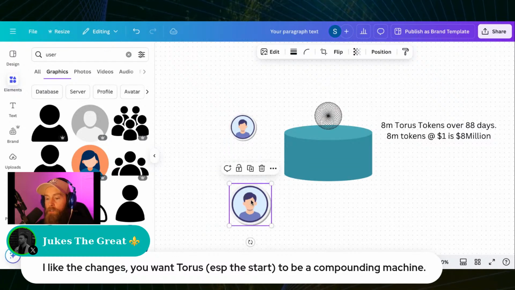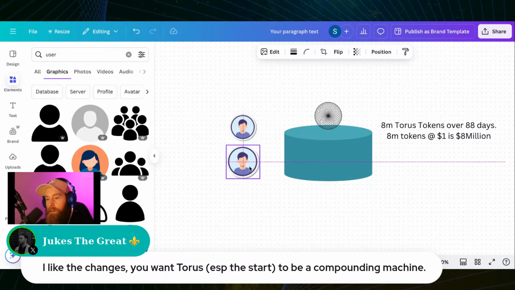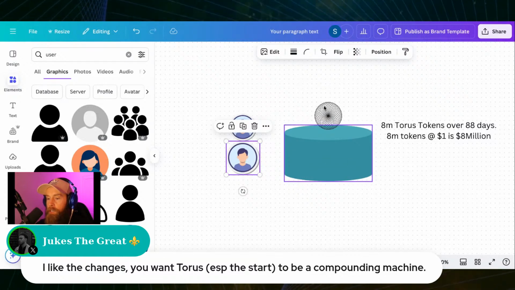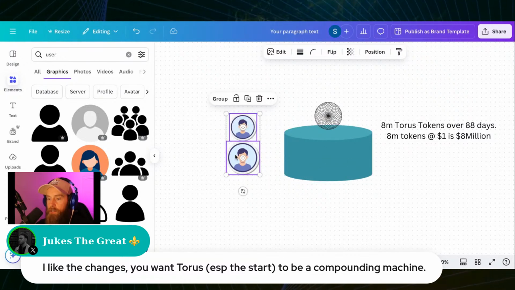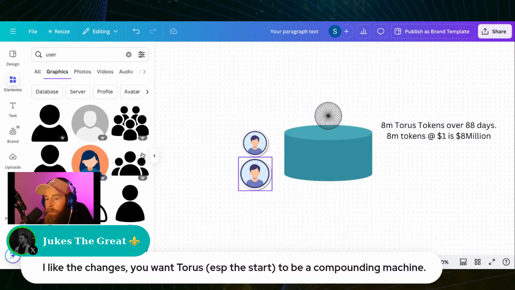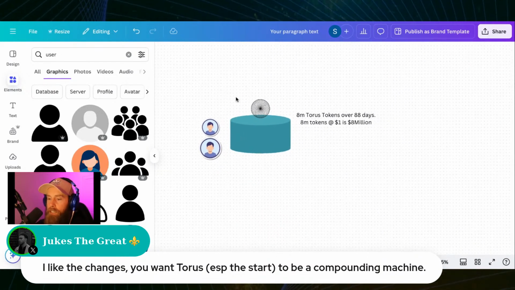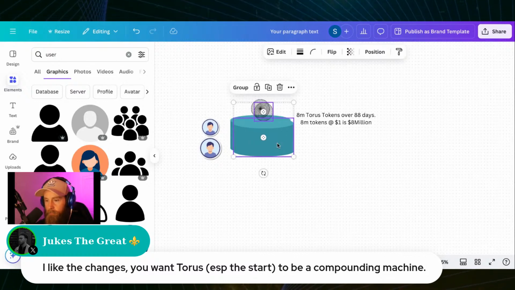This assumes that each person comes in with an equal amount. They're both going to be fighting over this $8 million worth of tokens. But if a third person comes in, so on, so on, it basically gets spread among the people.